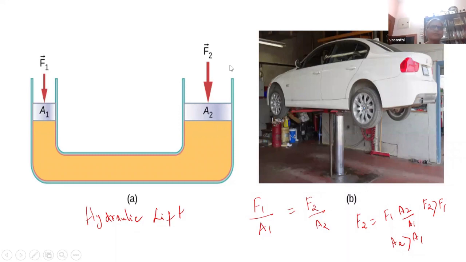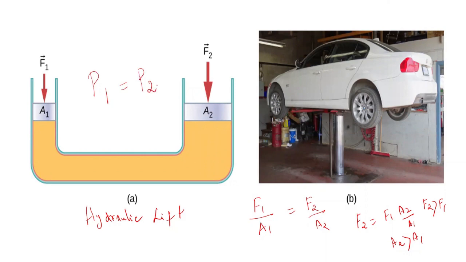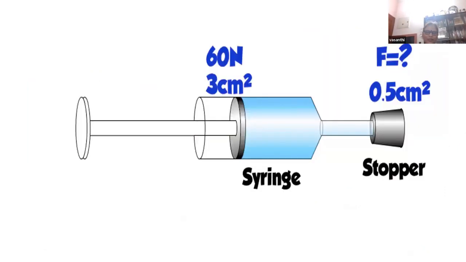Correct? Yes, ma'am. So how do you account for the law of conservation of energy? Whatever work is done here must be equal to the work done, or energy derived, at the other end.